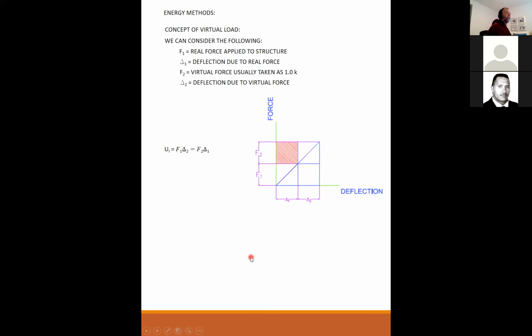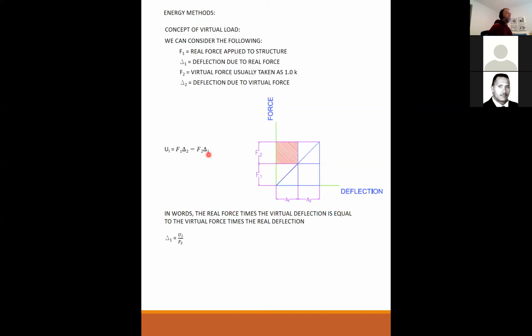These are symmetric. So that means that the real force times a virtual displacement is equal to a virtual force times the real displacement. And that's what I just said. The real force times the virtual deflection is equal to the virtual force times the real deflection.